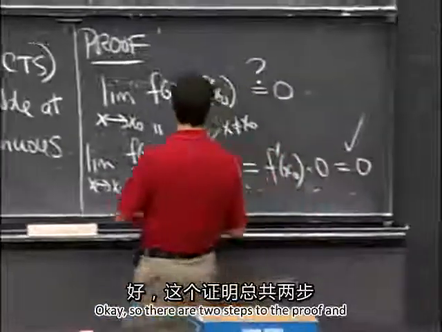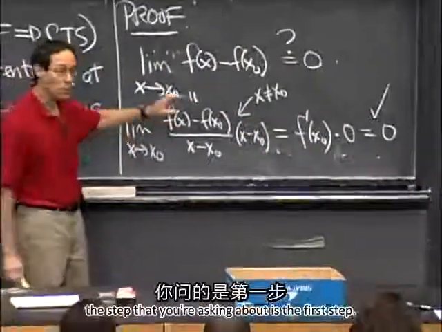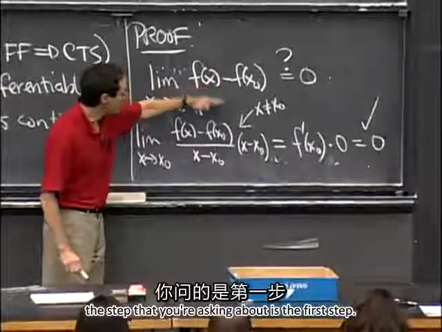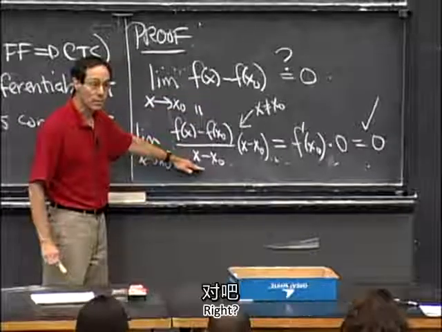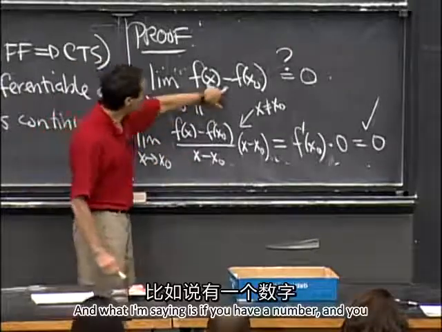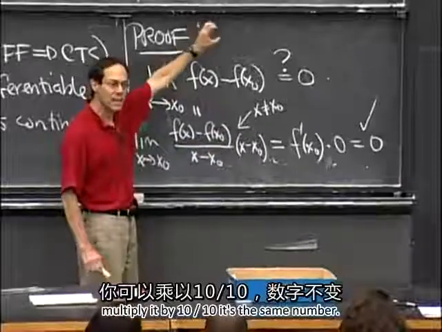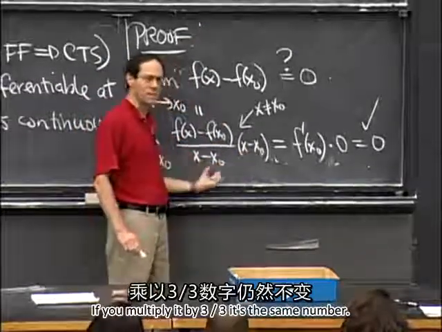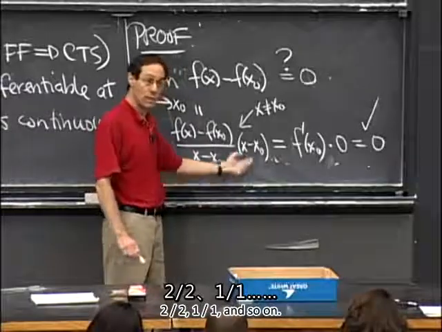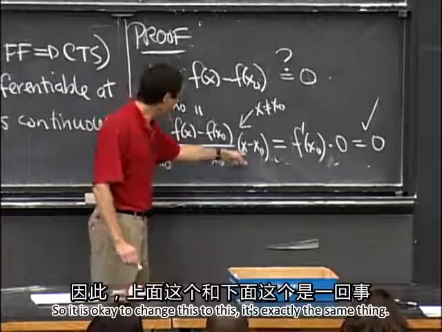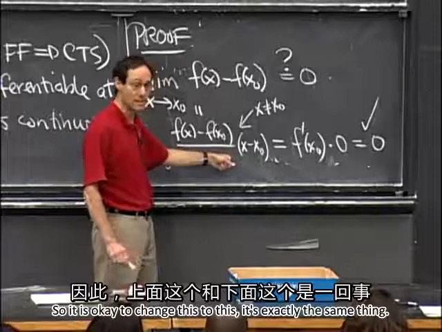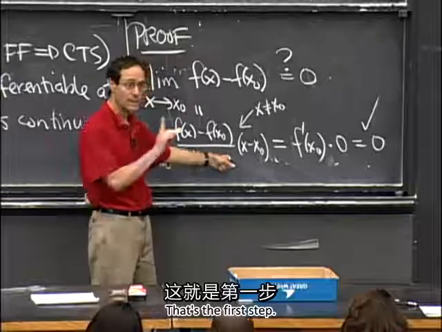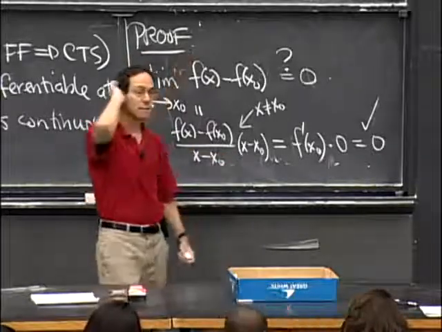Okay, so there are two steps to the proof, and the step that you're asking about is the first step. What I'm saying is if you have a number and you multiply it by 10 over 10, it's the same number. If you multiply it by 3 over 3, it's the same number, 2 over 2, 1 over 1, and so on. So it's okay to change this to this. It's exactly the same thing. That's the first step.